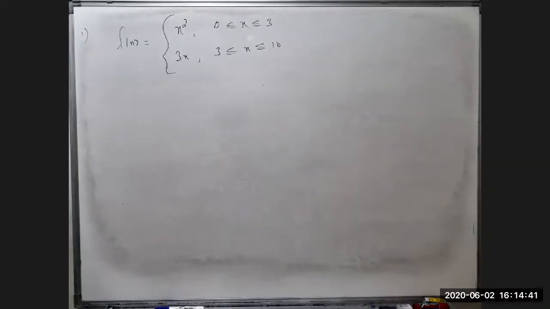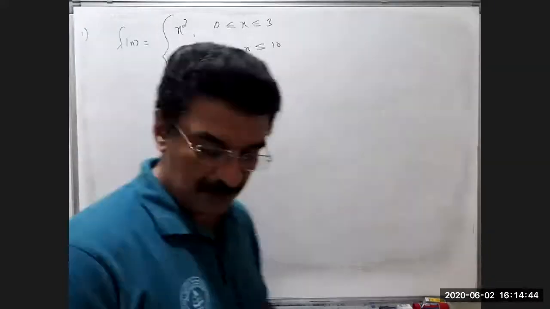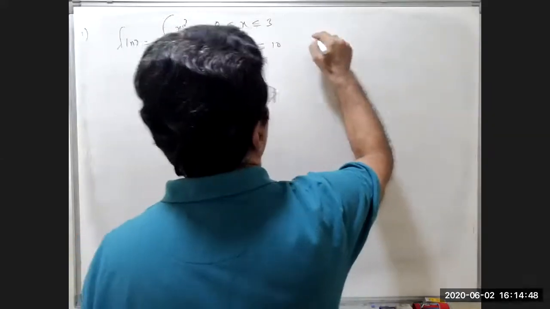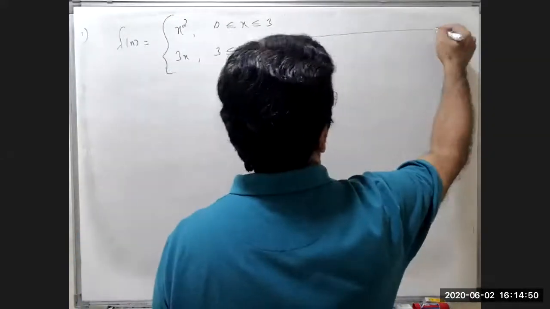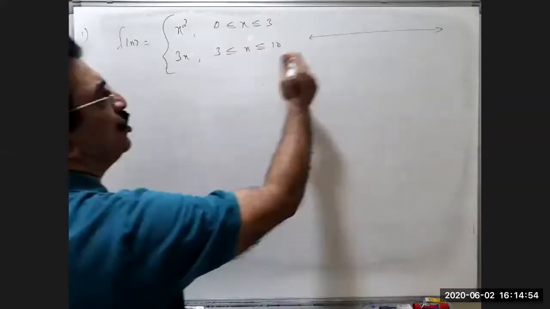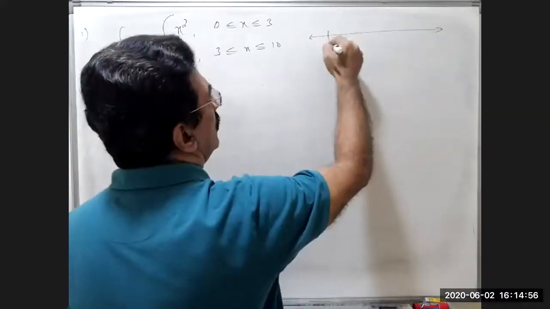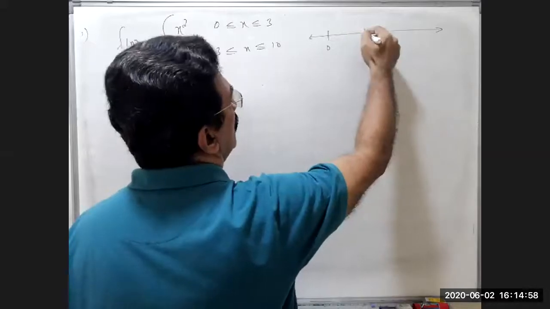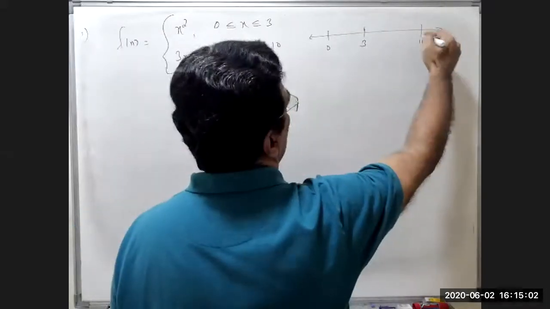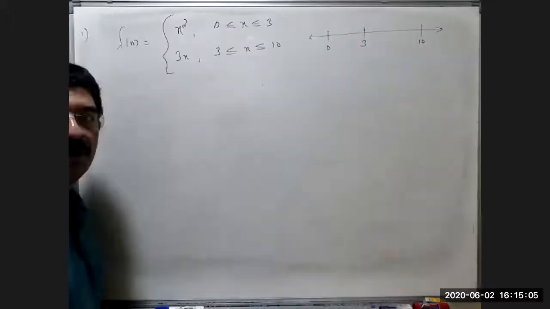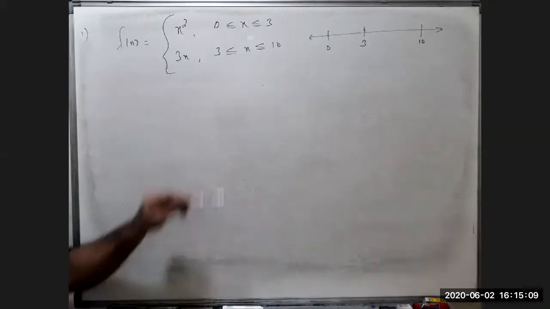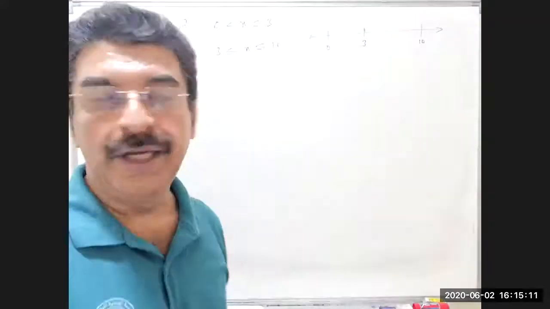See, a relation is given. Whenever you get such questions, our relation is given from 0 to 10, with a break at 3. This figure is for understanding only; in the examination there is no need of drawing.